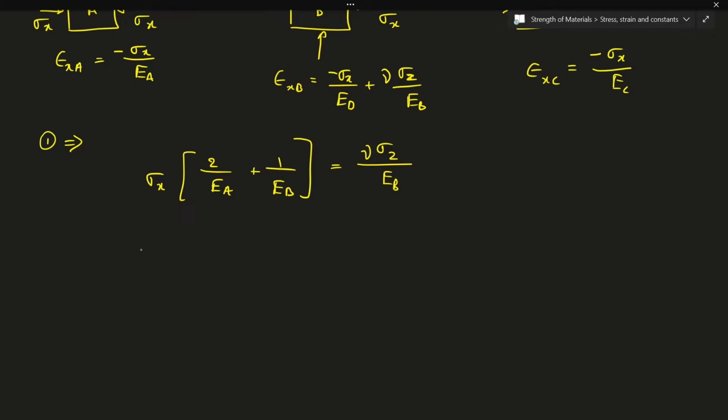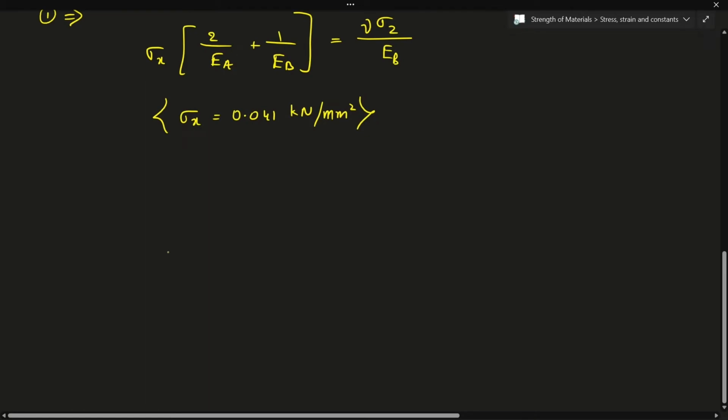Right? So if I substitute all the values for this and simplify, I'm going to have sigma x as 0.041 kilonewton per mm square. This will be the total compressive load that will be acting on all the blocks.